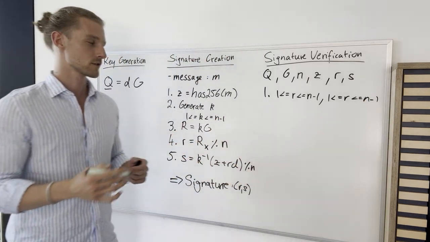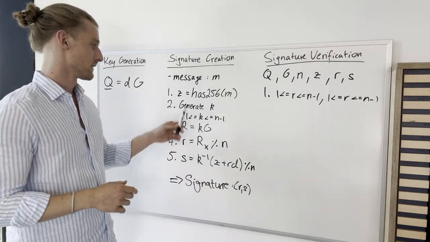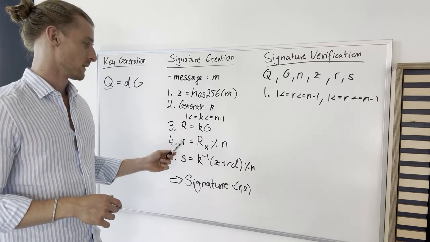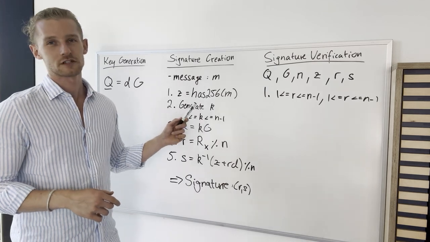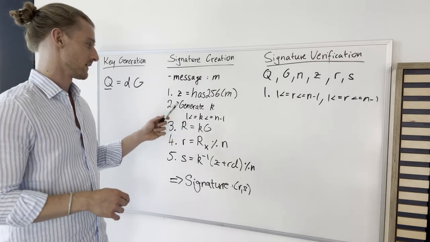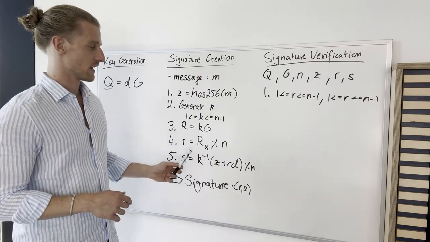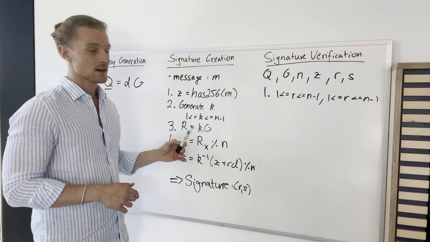One important thing to note here is that at any of the steps in the signature creation, if R, for example, is equal to 0, then we need to go back to step 2 and generate a new securely randomly generated nonce K, and the same goes for S. So during the signature creation, we already kind of checked this.